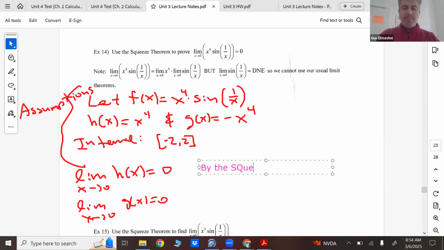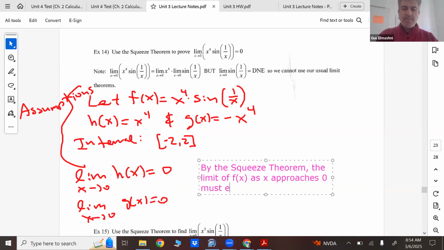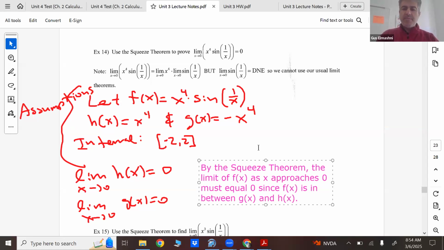By the squeeze theorem, the limit of f of x as x approaches 0, since f of x is in between, there you go. That's your squeeze theorem.